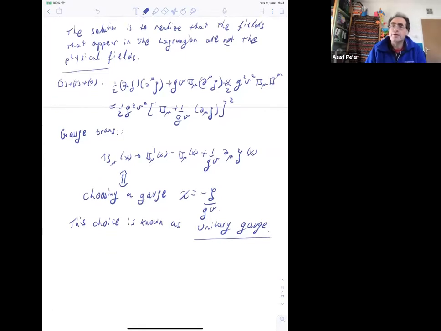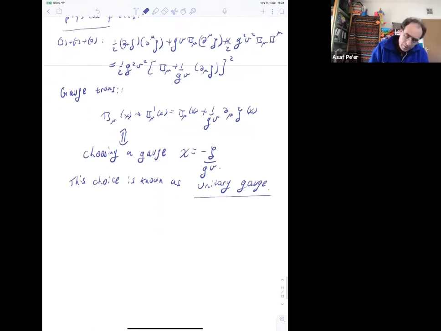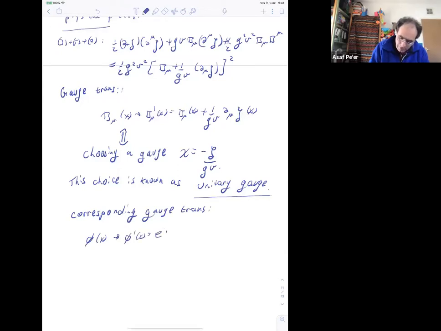So the corresponding gauge transformation would be, let's put it down, phi of x goes to phi prime of x, which is e to the minus i g chi of x divided by g v times phi of x, so it's e to the minus i psi of x over v, phi of x.